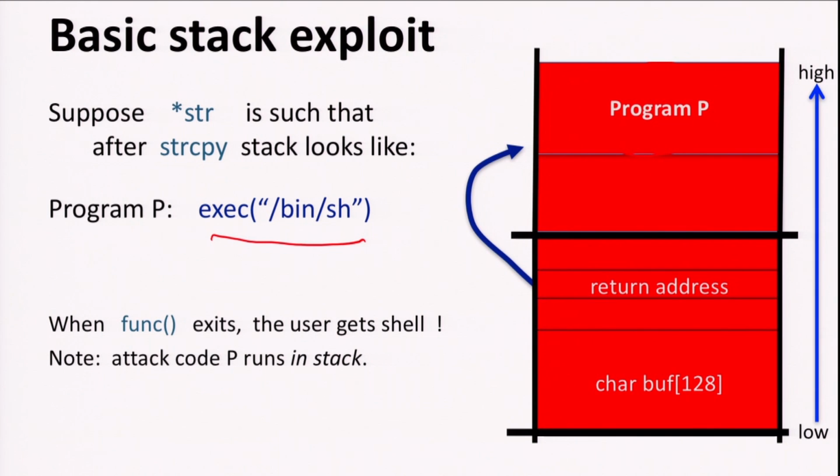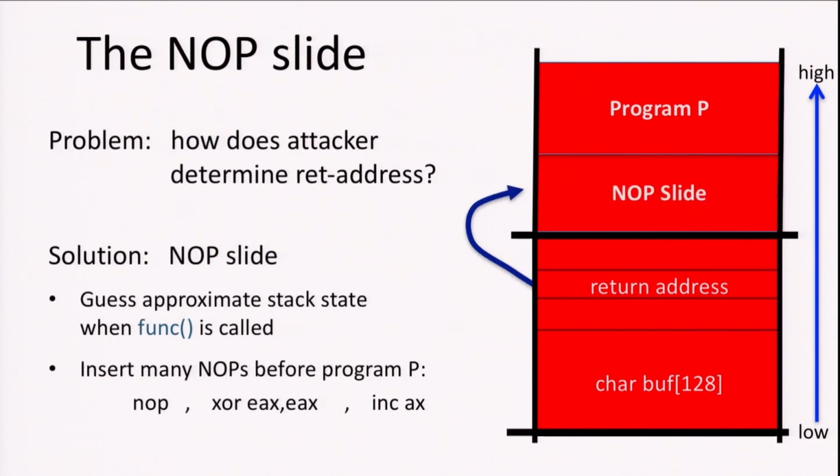This is really bad, but it requires a lot of calculation on the part of the attacker, because it has to exactly calculate where this program P starts, and then make the string so that the return address is pointing exactly to the start of program P, which is probably the exec code.